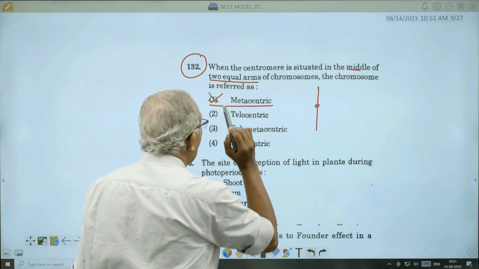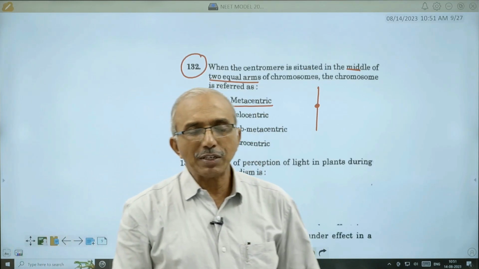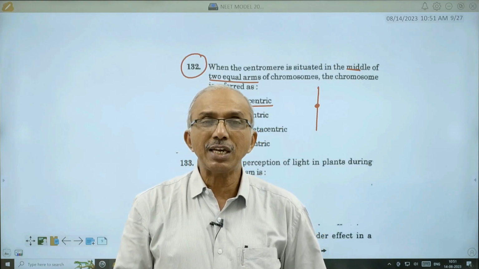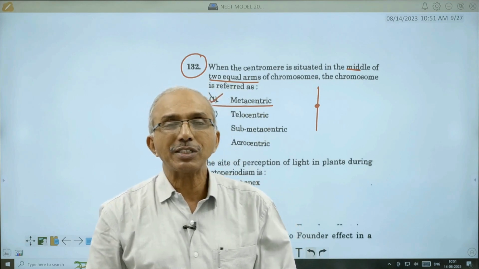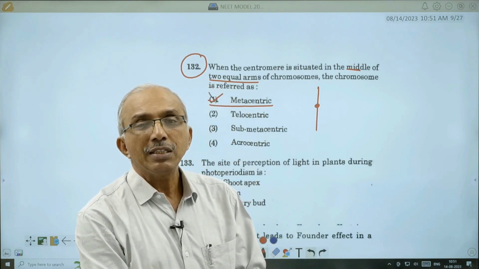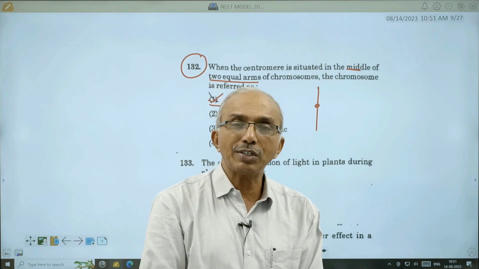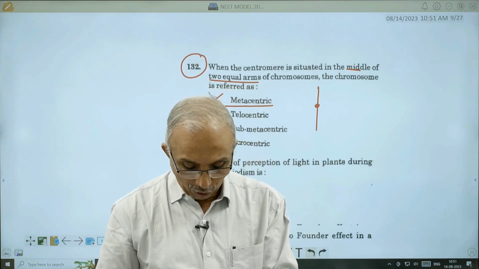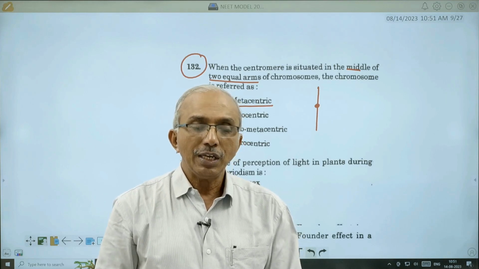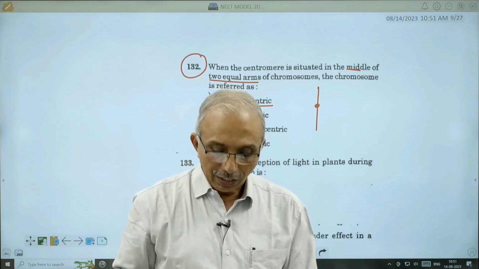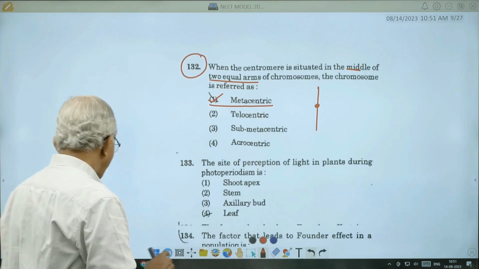Next, telocentric chromosome: if the centromere is present at the tip of the chromosome, it is called telocentric. The tip of the chromosome is called the telomere.